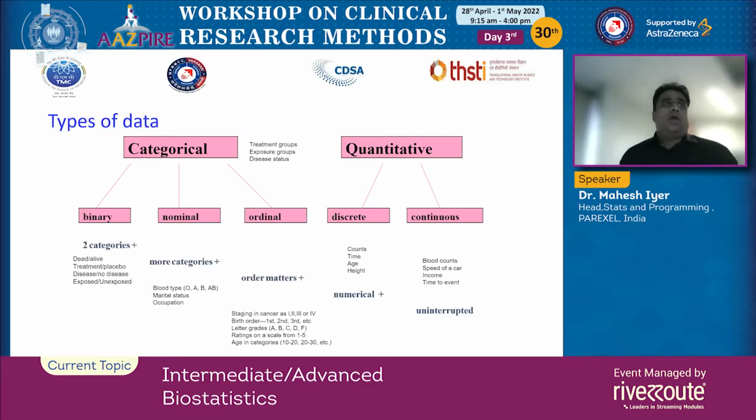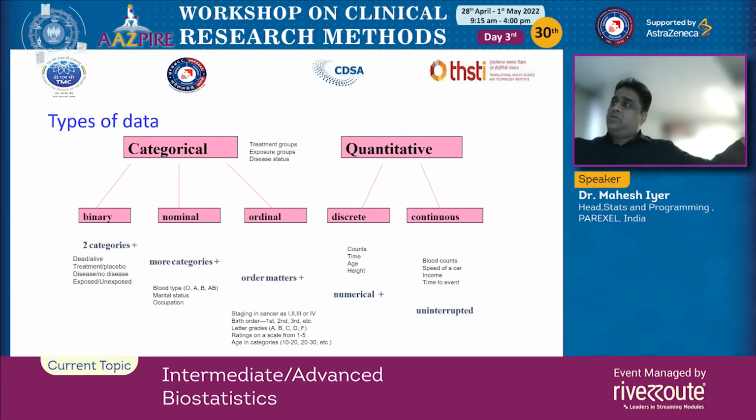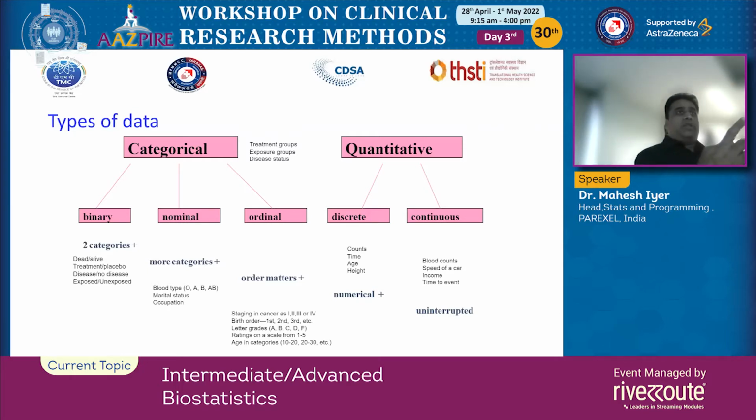The idea is that discrete and continuous has something to do with the range. If the range is very high, you think about it as continuous. If the range is relatively narrow, you think about it as discrete. It doesn't really matter too much, because the way you analyze the data is the same. That's the beauty, so you don't have to worry too much about it.